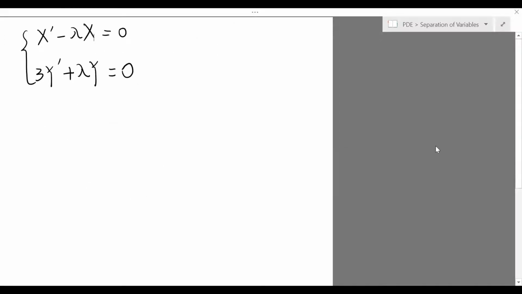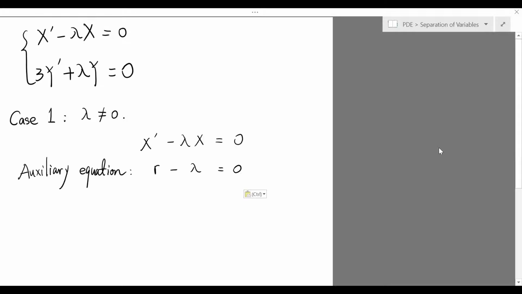To continue, we will consider two different cases in accordance to the possible value of this lambda. In the first case, we assume lambda is not equal 0. Thus, the auxiliary equation of X prime minus lambda X equals 0 is just r minus lambda equals 0, with the roots given simply by lambda.